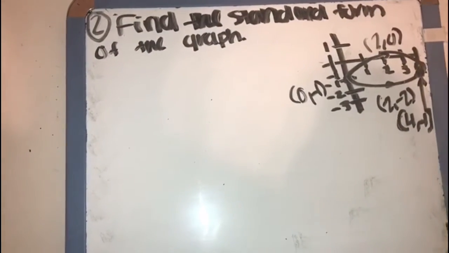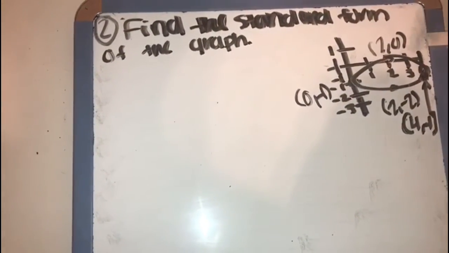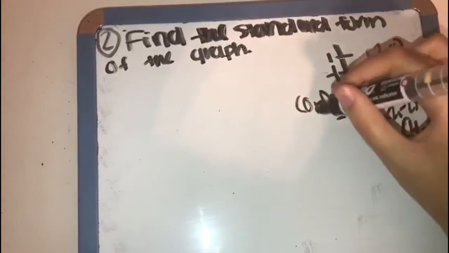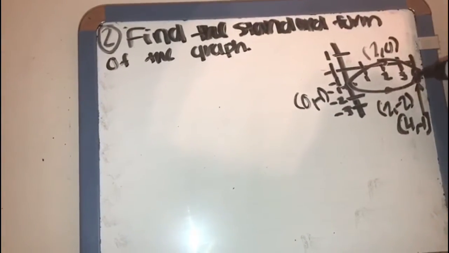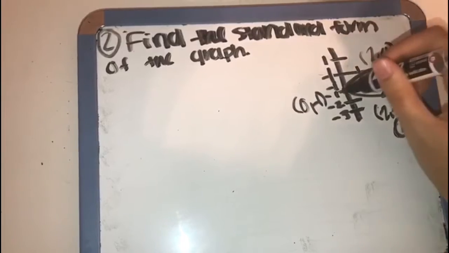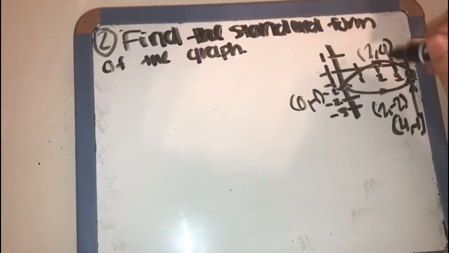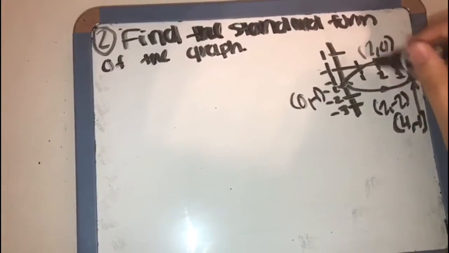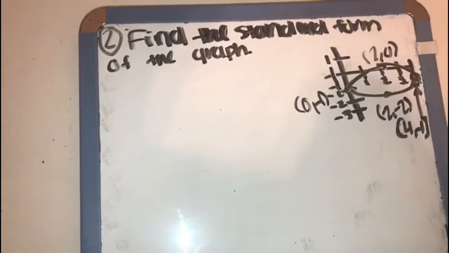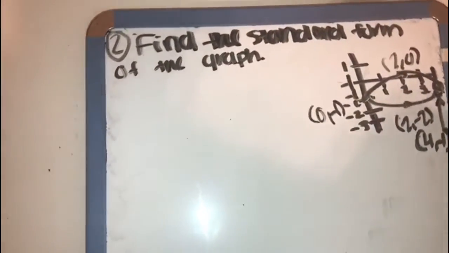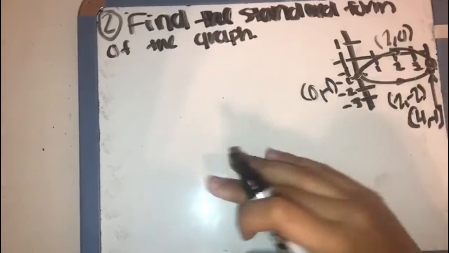So now the vertices we saw right here are 0, -1 and 4, -1. Now vertices are always sideways. It's always left and right, not up and down. This part is left and right, which is basically the vertices. So let's try finding the vertices.